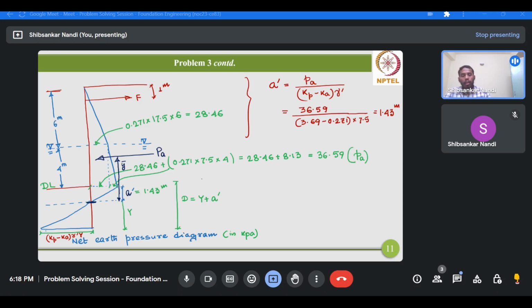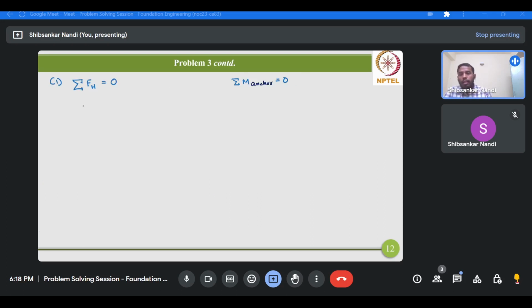Before that, we'll calculate the resultant active earth pressure PA and its lever arm from the point of 0 net pressure. This part we have solved in the previous session, so we will not take much time.